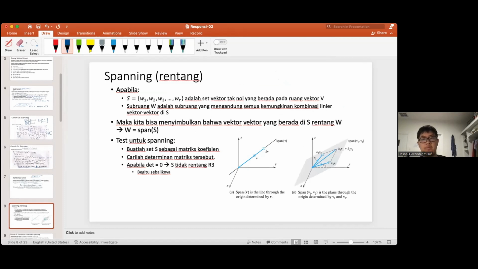And the next concept is called spanning or rentang, which is also a vector set that is not zero, that is within the vector space V. In order to help you understand, we can take a look at these two pictures here.